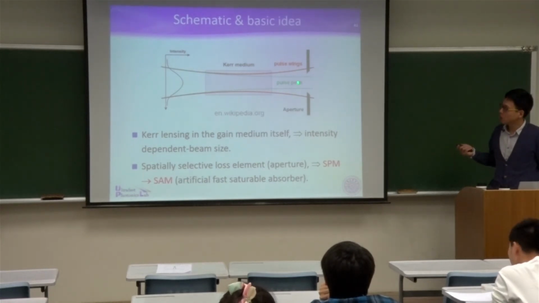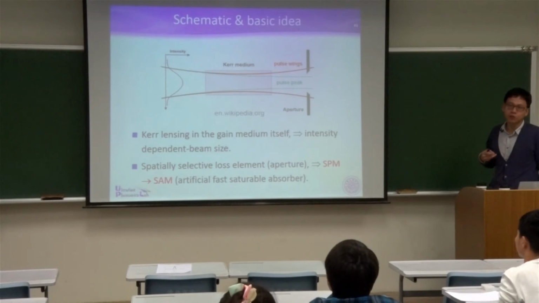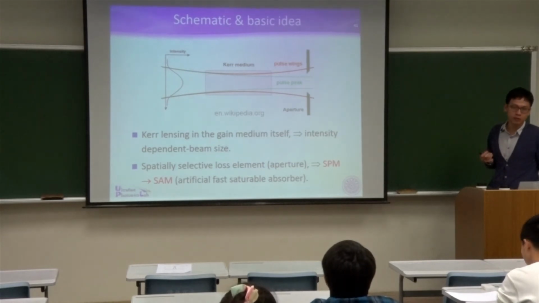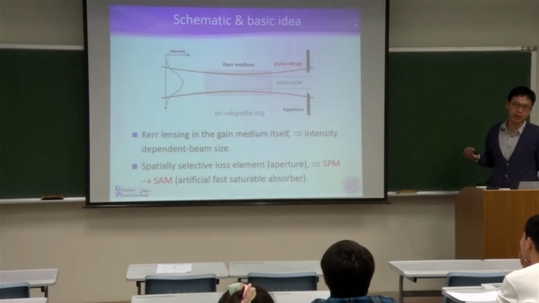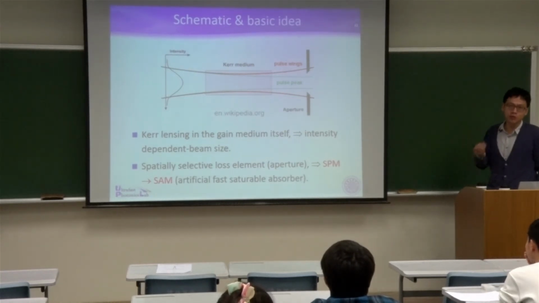As long as your Kerr lensing effect is faster than your pulse width, which is generally true because we have mentioned the Kerr effect, the n2 coefficient, response time is as short as 1 femtosecond. It's shorter than the pulse duration you can generate by a Ti:sapphire laser.